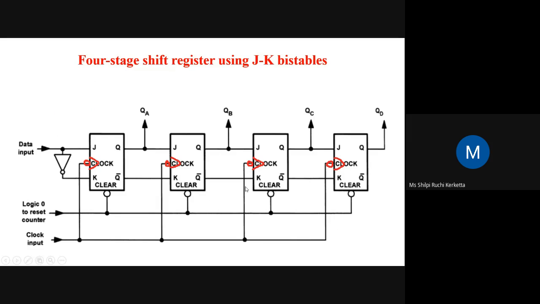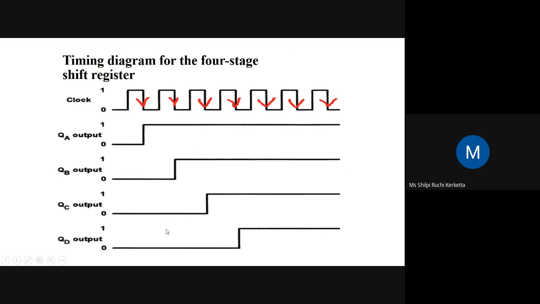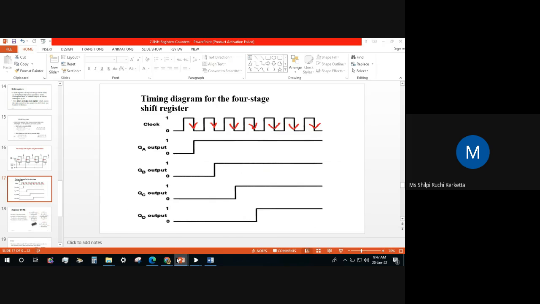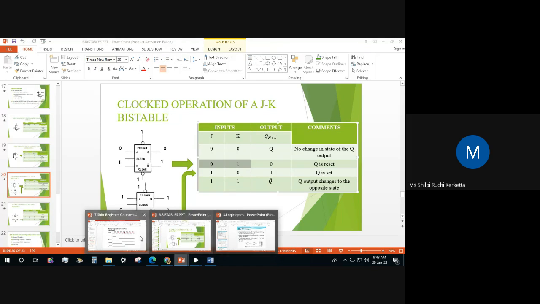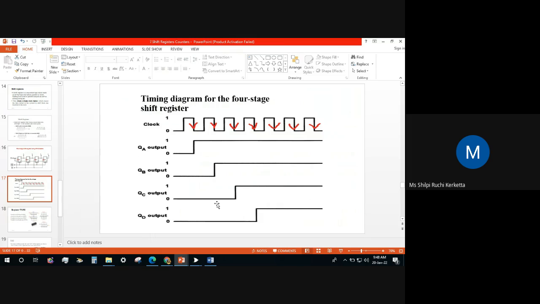And the third part is getting delayed from here, this JK will become like 0 1. So that's why we are getting a delay till here. If you see this table, because J and K are changing, that's why there is a delay here, and this is how we are getting the circuit.